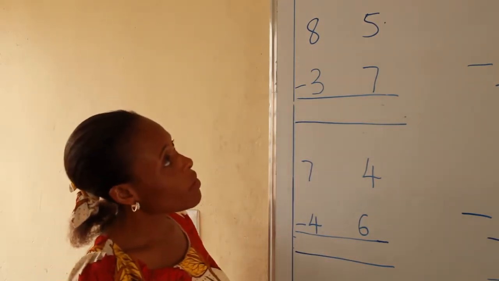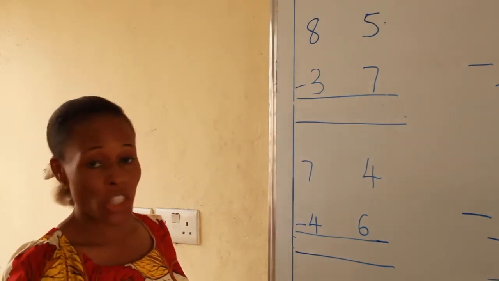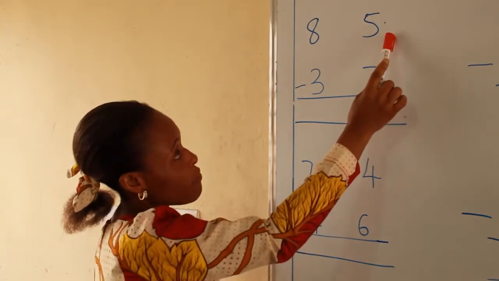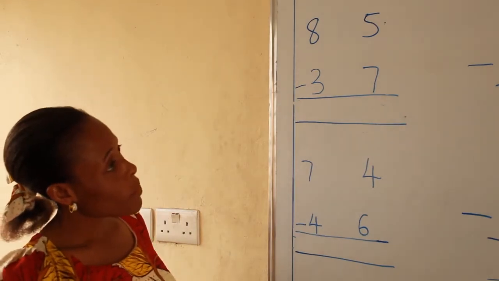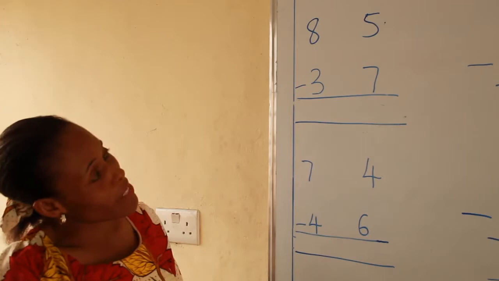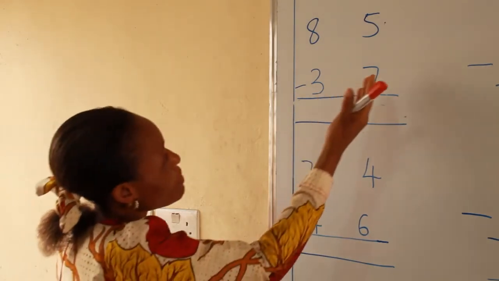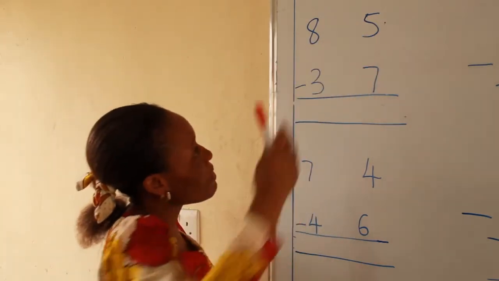But today, we'll be looking at dynamic subtraction, which involves big numbers. I know you would take a good look at it and say, oh, Mrs. Sarah, how do we subtract number 7 from number 5? Because number 7 is bigger than number 5.